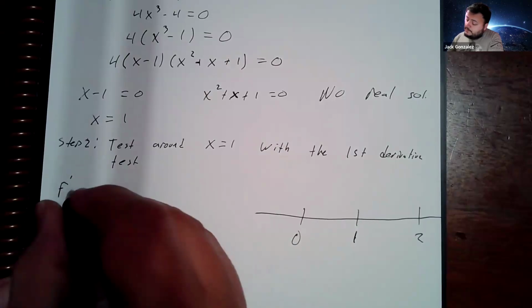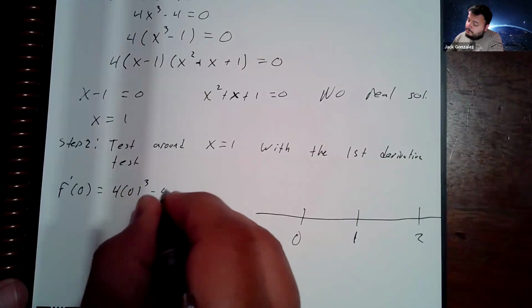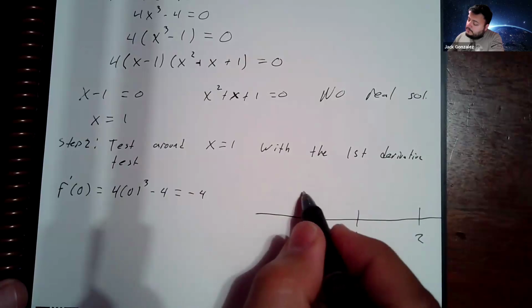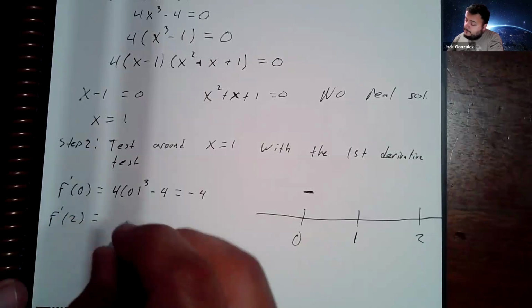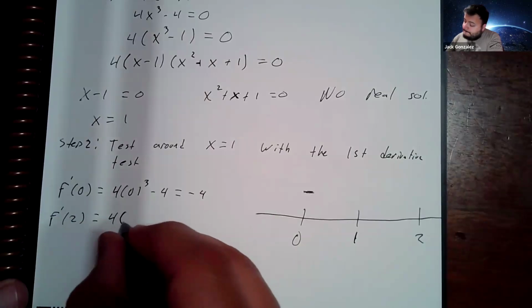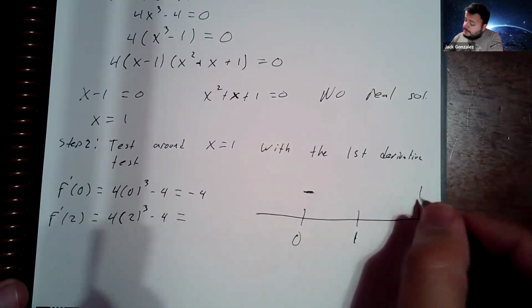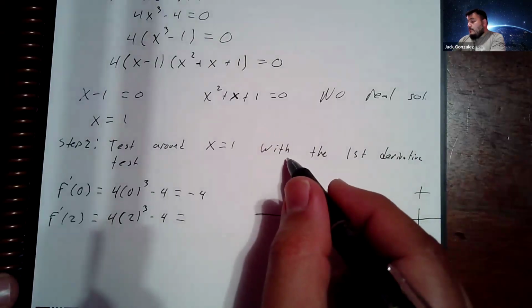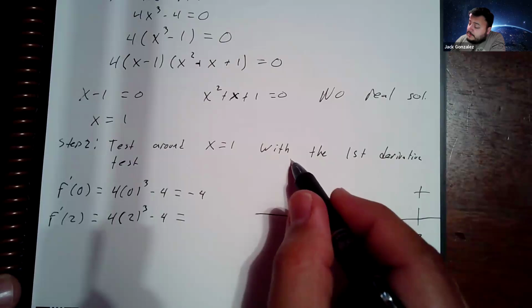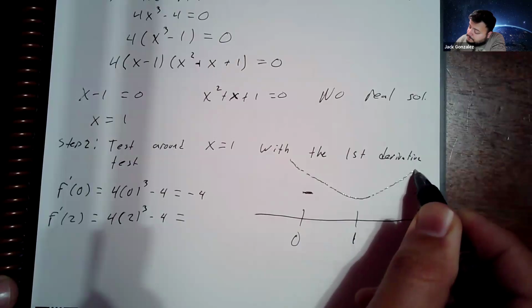First derivative of 0 would be negative. First derivative at 2 would be, I don't care what the number is, it's gonna be positive, right? Okay. So that means we got, try to draw this nice this time. It's going to be decreasing, and then as soon as we get to the critical, increasing.